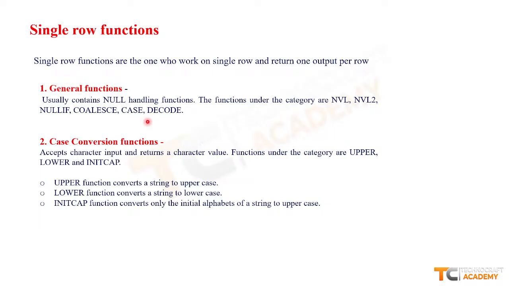Under case conversion functions we have upper, lower, and initcap. The upper function is used to convert the string into uppercase, lower is used for converting the string values into lowercase, and the initcap function converts only the initial alphabet of a string into uppercase and the rest into lowercase. So let's check all these case conversion functions.